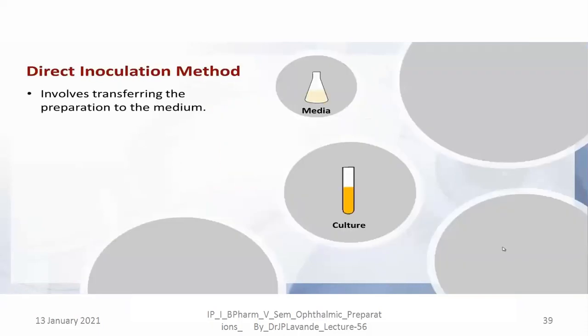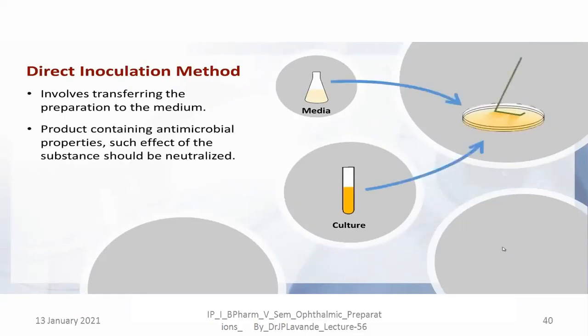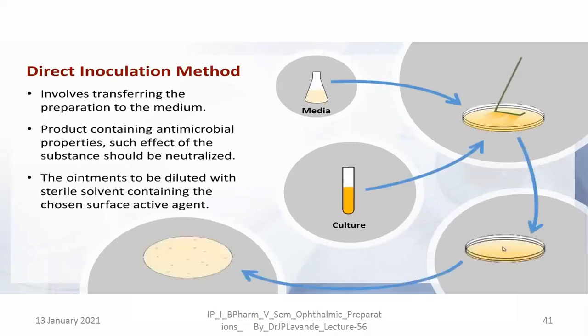So the direct inoculation will involve transferring the preparation to the medium. For a product containing antimicrobial properties, the effect of the substance should be neutralized. So this is very, very necessary. If the product contains antimicrobial properties, it has to be neutralized, because in order to identify whether the results obtained are positive or false positive, or negative or false negative, right?